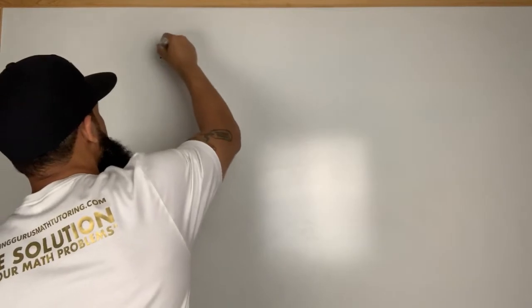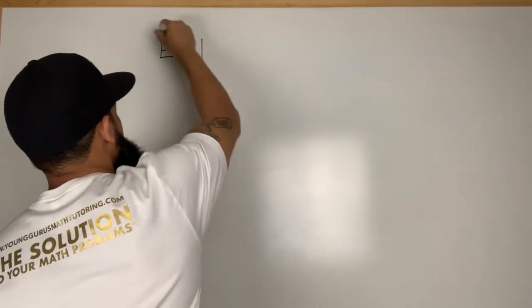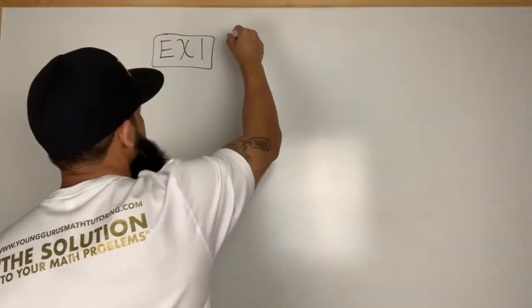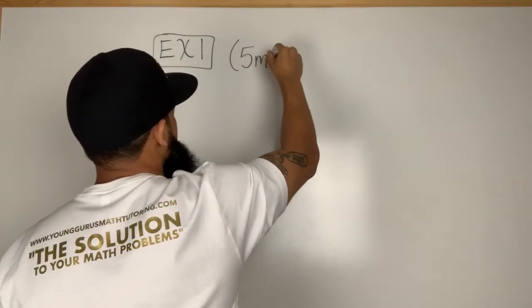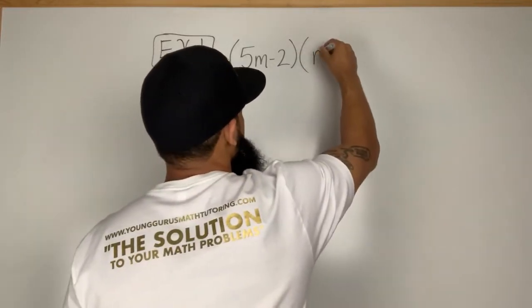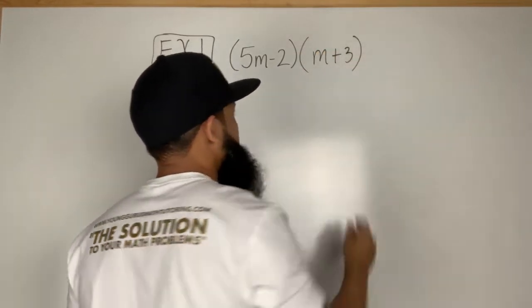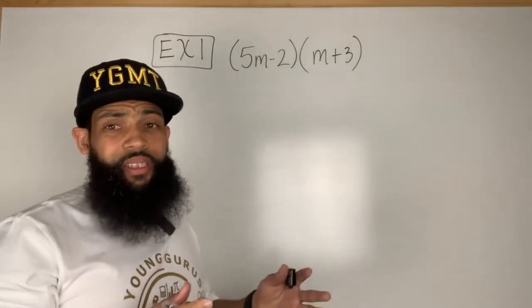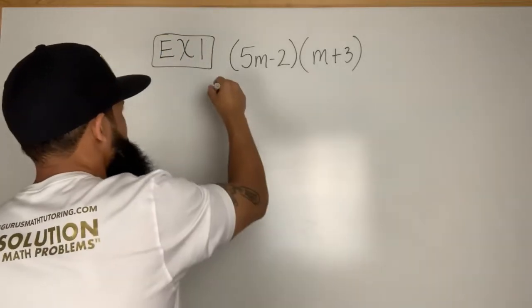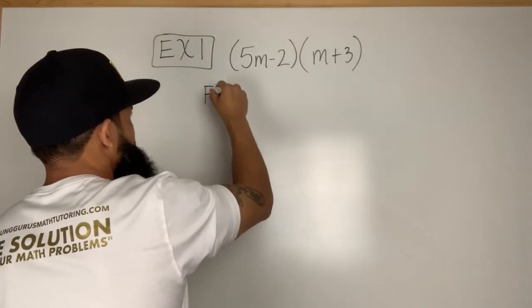Example 1: we have a binomial 5m minus 2, and I want to multiply that by m plus 3. Now, the FOIL method is the method that I always use. There are several different methods, but I'm going to show you two.